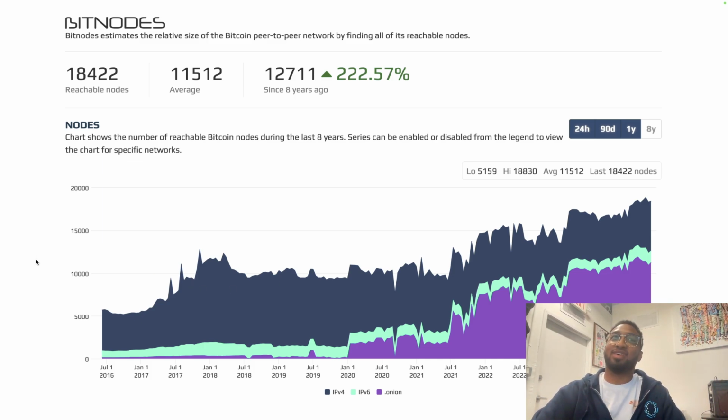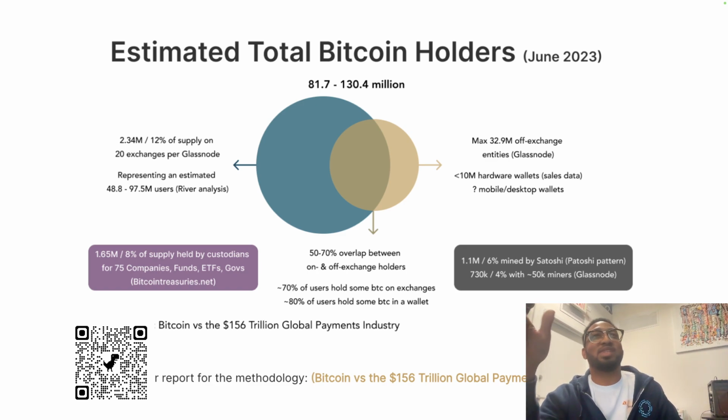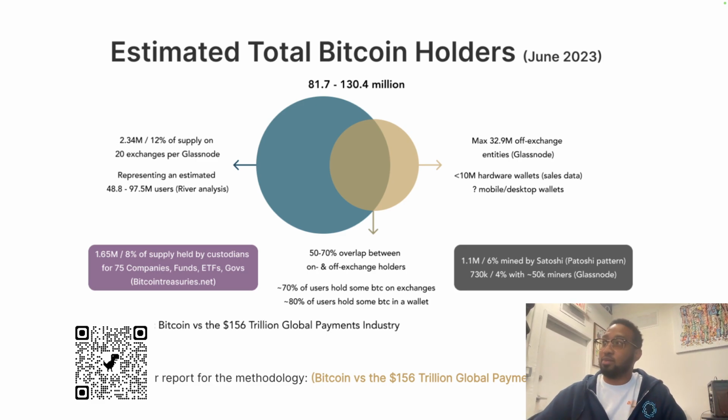That's not a crazy number, because if you contextualize it, we can see this is River's estimations. Everyone can just estimate, right? We don't know. But if River is estimating 81.7 million to 130.4 million Bitcoin holders, we can clearly see the amount of holders drastically outnumber the amount of Bitcoin nodes that are transmitting transactions and blocks on the network and validating every person's UTXOs.